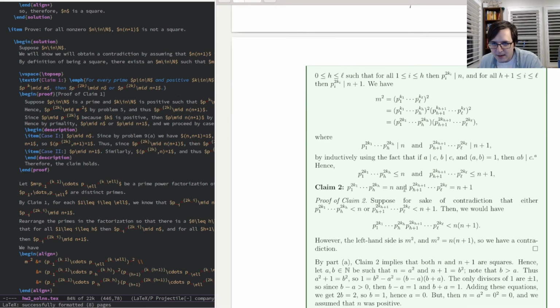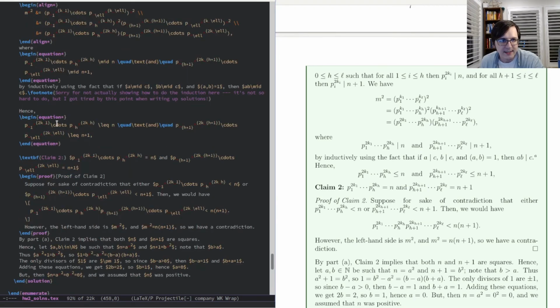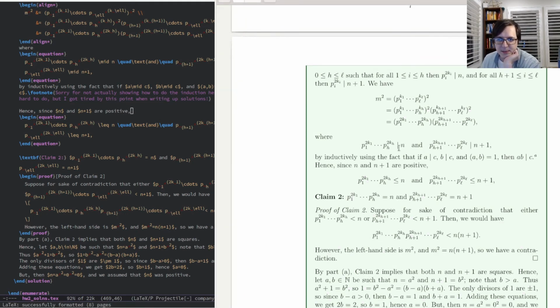Okay, so what next? So hence, since n and n plus 1 are positive, we can turn these divisibilities into less than or equal to's.